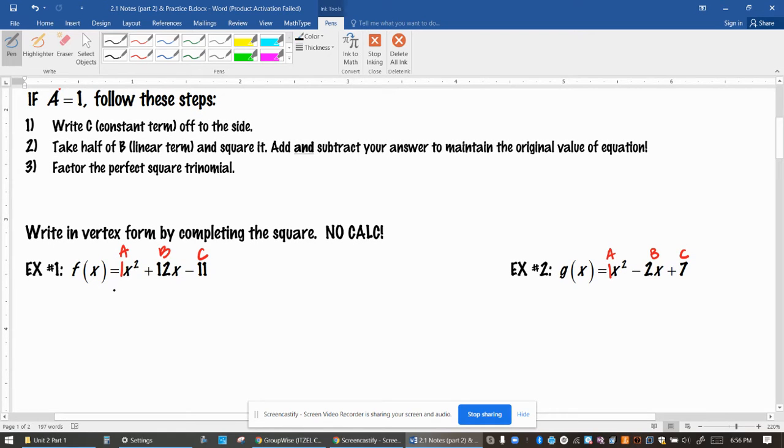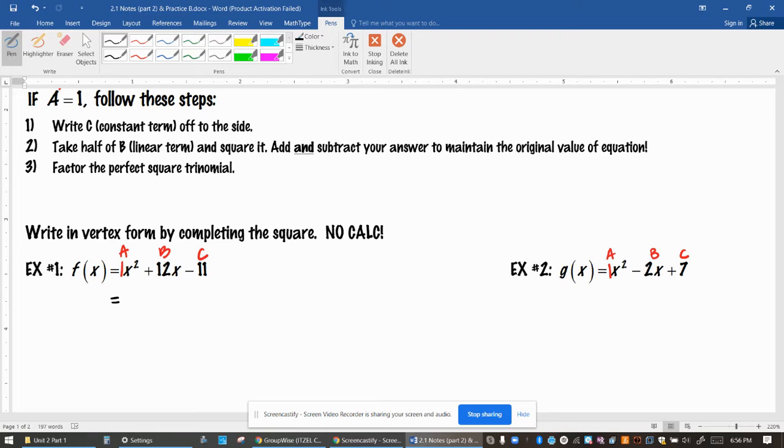If you notice, the steps are always referring to either the linear term, the constant term, etc. So that's why I label my coefficients as A, B, and C. All right. I don't know if you noticed, but in vertex form, there's a parentheses with a squared on the outside. The terms in the parentheses are a binomial.